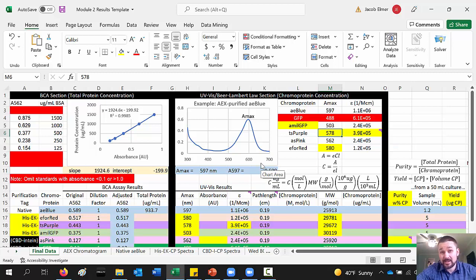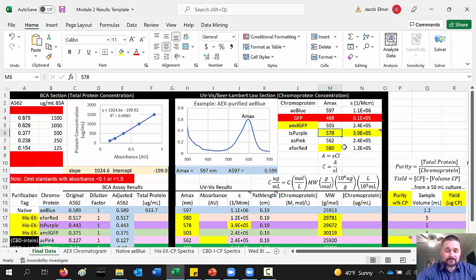What's happening there is I gave you the absorbance maxima for the native proteins, but you can see here 3 of these rows are for his-tagged proteins, and it looks like the his tag actually changes the conformation of the protein just slightly, but just enough to where it modifies the A max value. Okay, so instead of, I think it was TS purple, in the lab manual says something like 568 or something like that, it actually occurred at 578 here, or something to that effect.